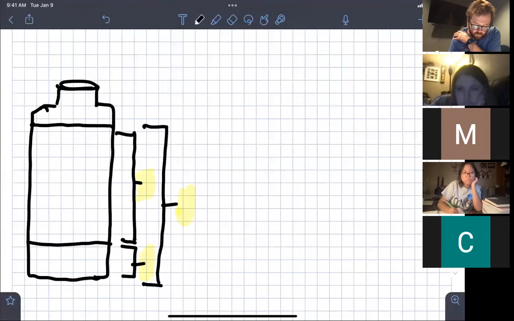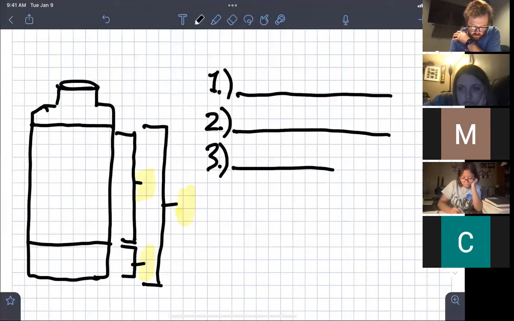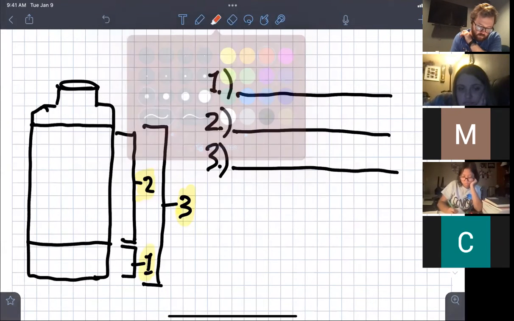How many blanks is that? That's 3, right? You already know where this is going, I hope. We'll call this one 1, 2, and 3. Let me color my solutions.